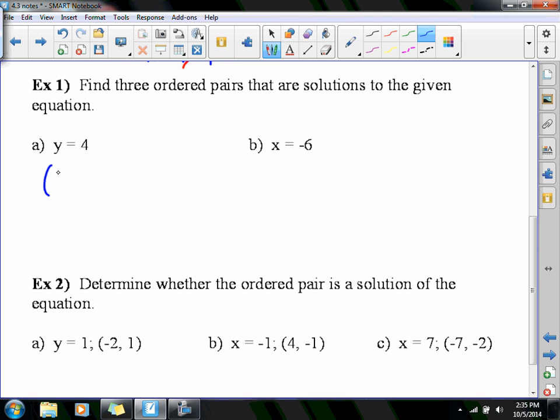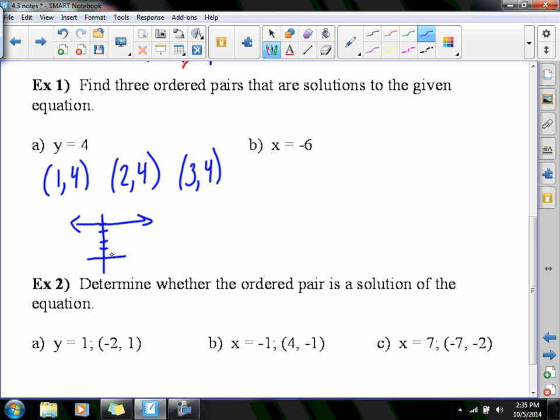So I can have any number I want for the x's, but when I have my y value, it has to be 4. And if I graphed that line, y equals 4, we'll graph in a moment, but just for now, 1, 2, 3, 4, there's my line, y equals 4, and here's my x. So 1, 4 is right there, 2, 4 is right there, 3, 4 is right there. There's 3 points that are on that line, y equals 4.